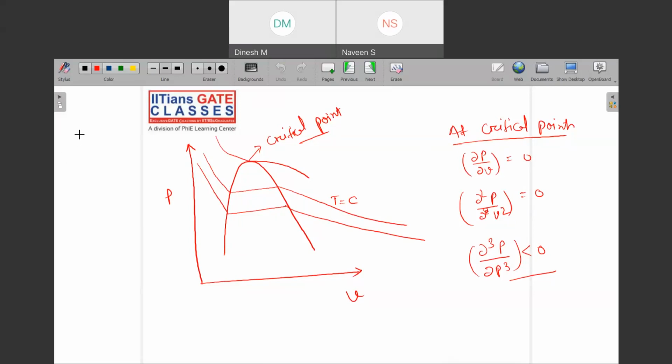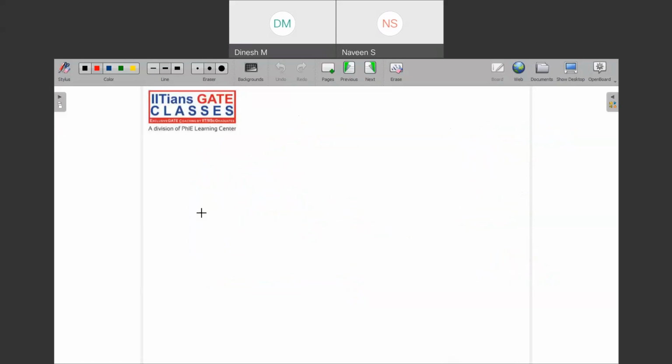If you have solid region, then from solid to liquid, most of the substances expand, but we have water as an exception, that from solid to liquid it will contract.